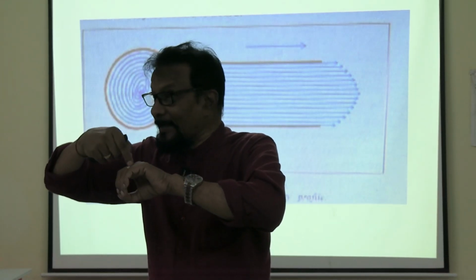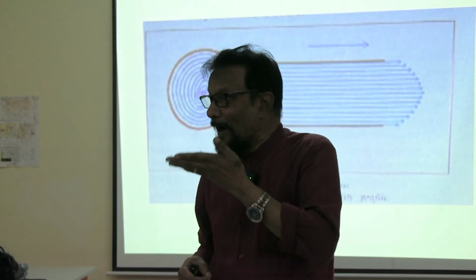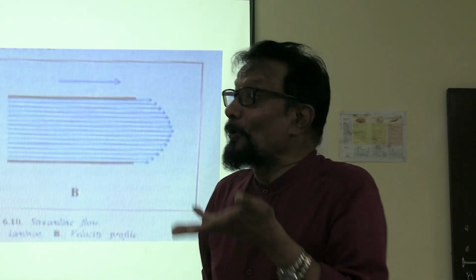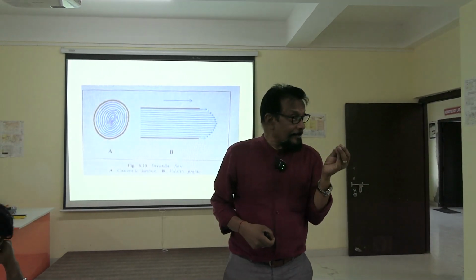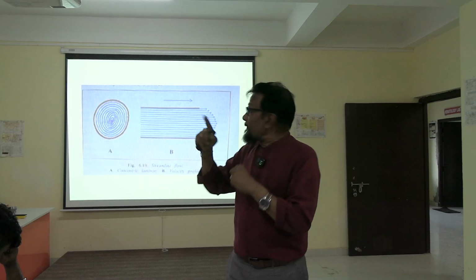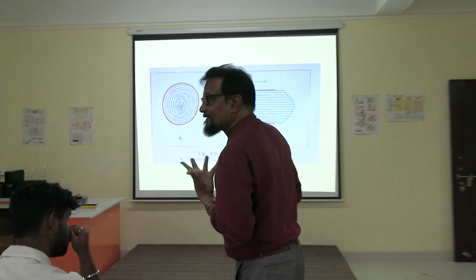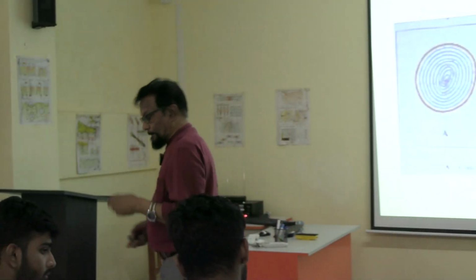So if you take blood from near the wall, you will find fewer cells, more plasma. If you are able to take blood from the center, you will find more cells, less plasma. Okay?